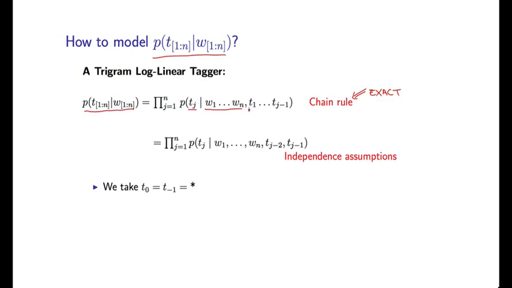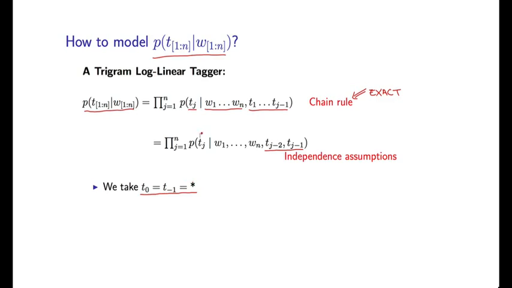I've basically replaced this sequence of tags T1 through Tj-1 with just the last two tags in that sequence, Tj-2 and Tj-1. And I've been careful to define T0 and T-1 to be our special star symbol, which is the symbol at the start of the sentence.